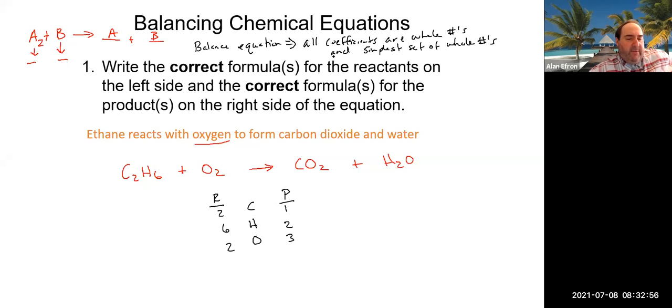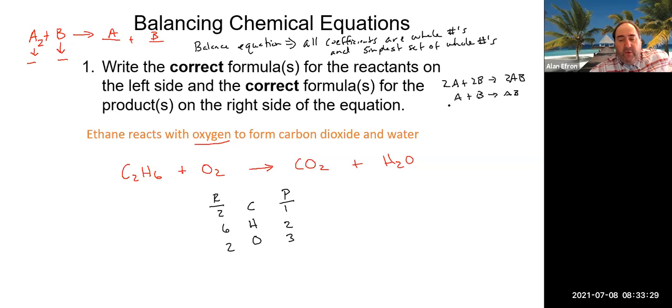So you got to make sure that when you're all said and done, all the coefficients, and these are the numbers that come in front, are all whole numbers and their simplest set of whole numbers. And what I mean by that is, if you say balance this equation of 2A plus 2B went to 2AB, although it is balanced, there's 2 A's on both sides, there's 2 B's on both sides, we could technically divide everything by 2 and have also a balanced equation that is this.